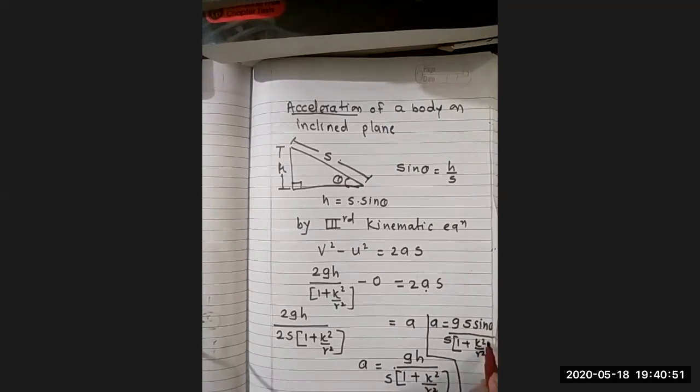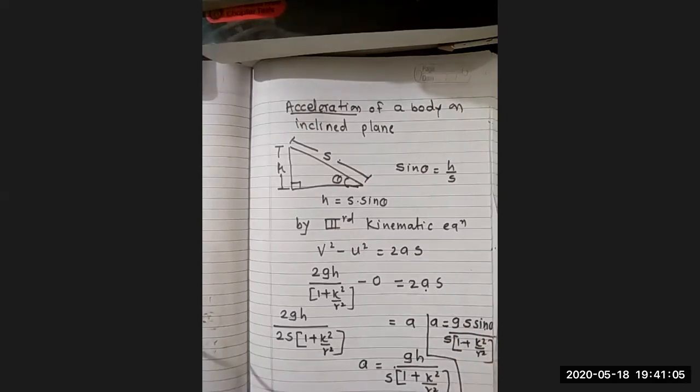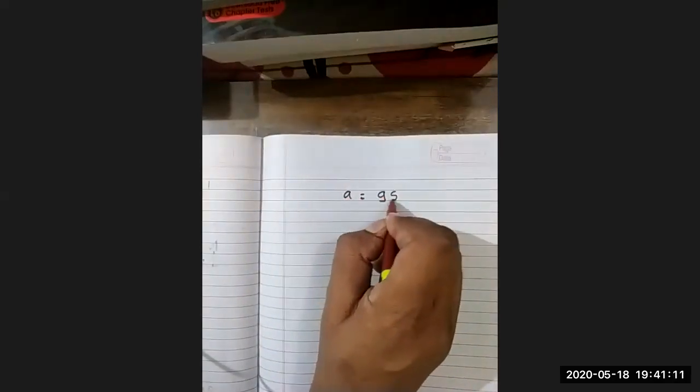So s will get cancelled, and only this will remain: a will be equal to g into sine theta upon 1 plus k square upon r square.